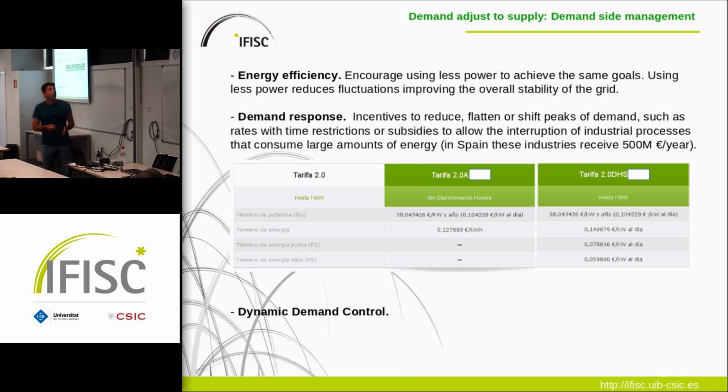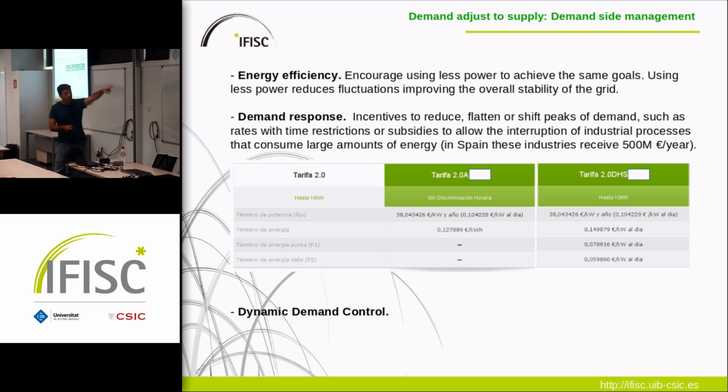Or you can even pay some industrial processes money in order for them to accept orders from the operator to switch off the process and save energy at peak demand. This is called demand response. This is still top-down: it's the operator that tells you when to switch on or off.